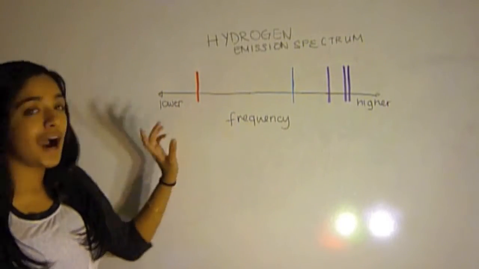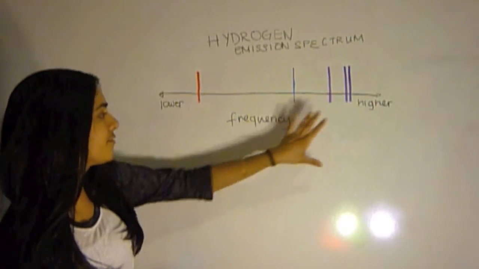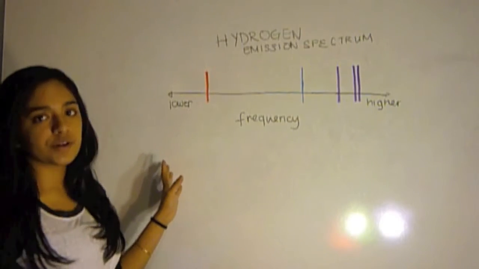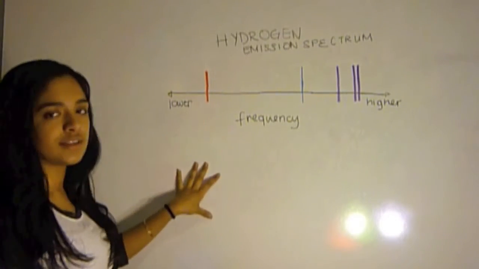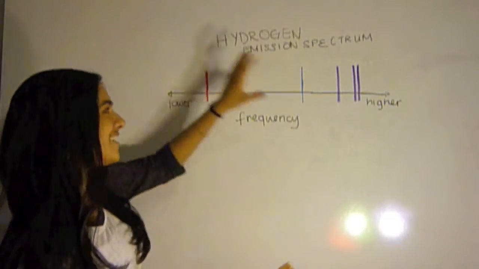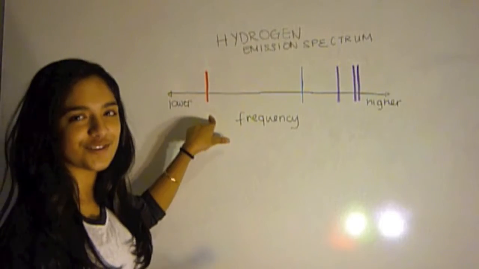Here we have the hydrogen emission spectrum. As you can see, the frequencies converge at a higher frequency, and the absorption spectrum of hydrogen would be similar to this in that it's a full continuous spectrum, but it's not, because the missing lines would be those depicted here in the emission spectrum.